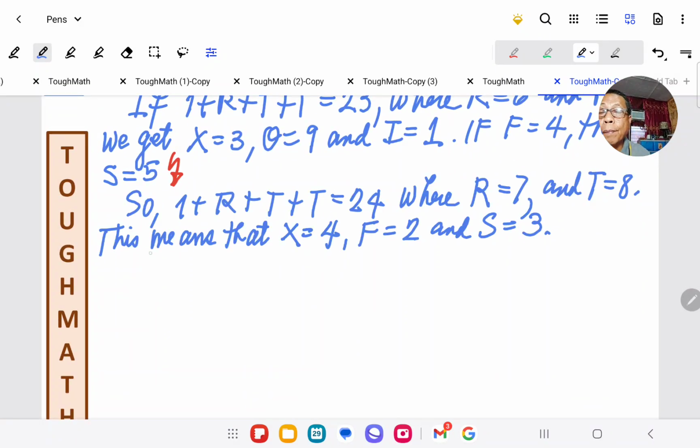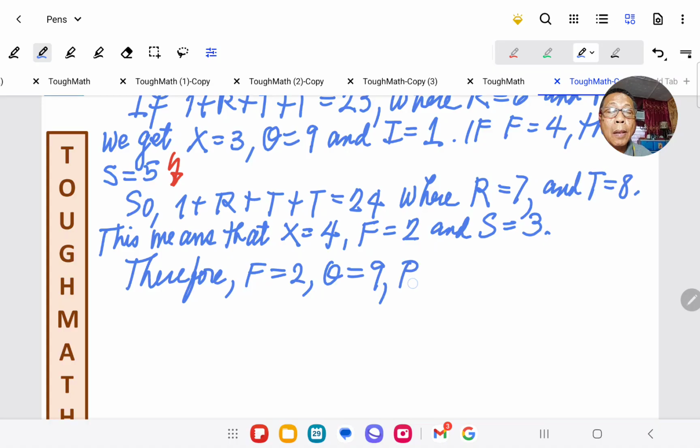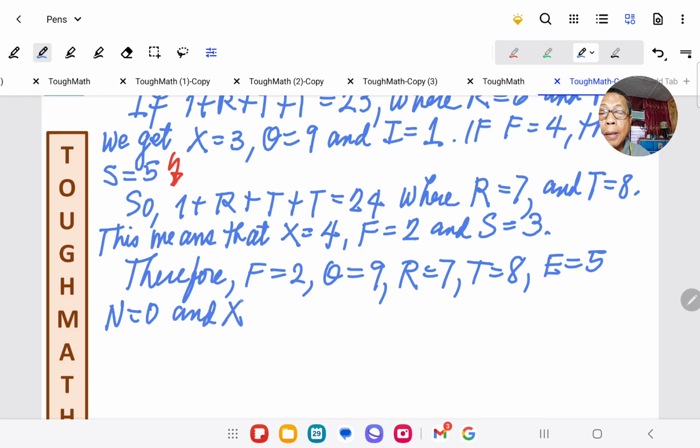Therefore, we have F equals 2, O equals 9, R equals 7, T equals 8, E equals 5, N equals 0, and X equals 4.